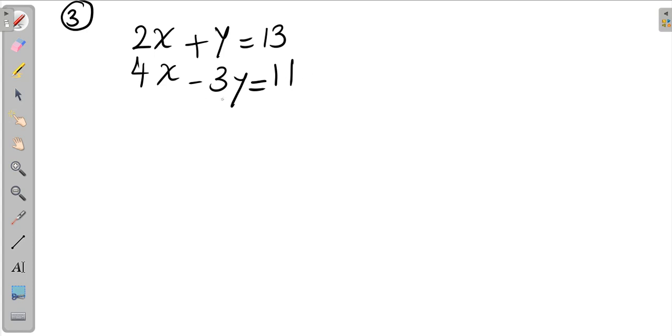The second equation has 3y. The first equation has 1y. You need 3y. To make it 3 here, you must multiply the first equation by 3. Then you have 3 times 2x plus y equal 13 times 3.